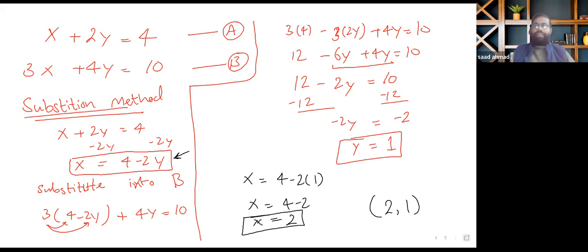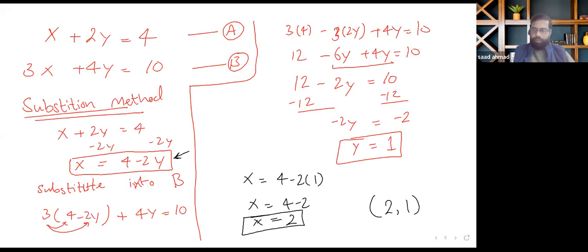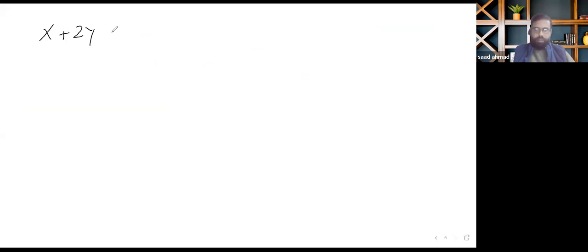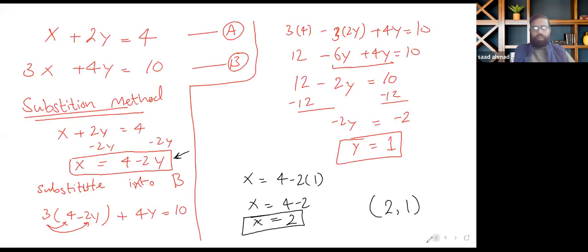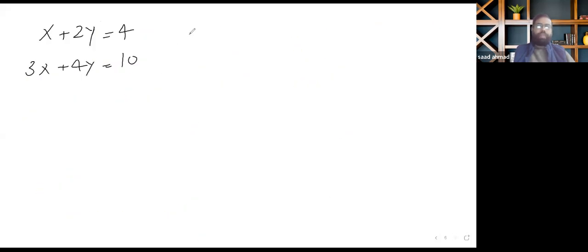We can also try the same problem by using the elimination method. Let's try the elimination method for this. We have x plus 2y equals 4. And we have 3x plus 4y equals 10.